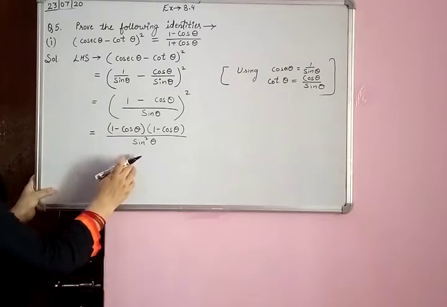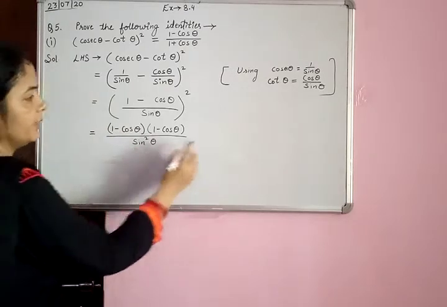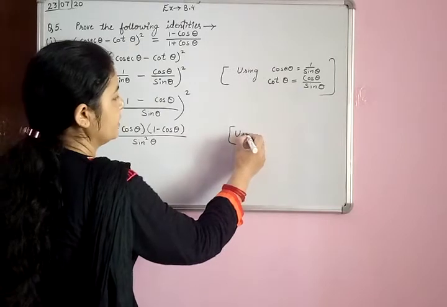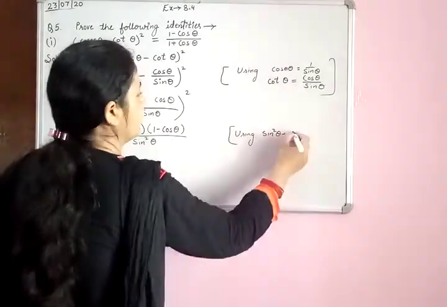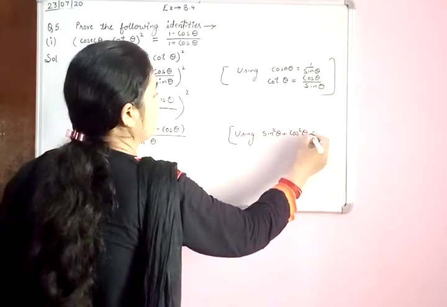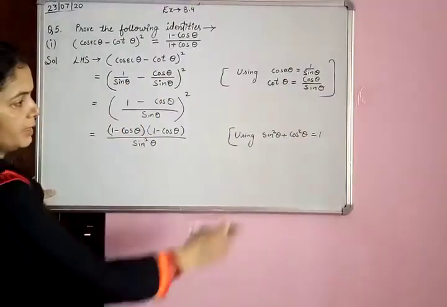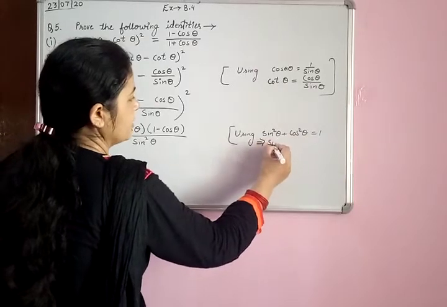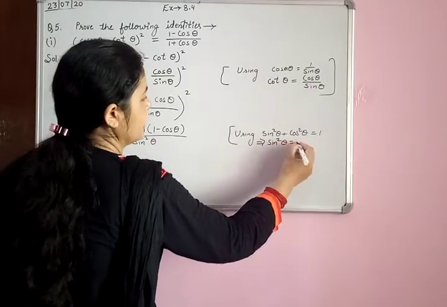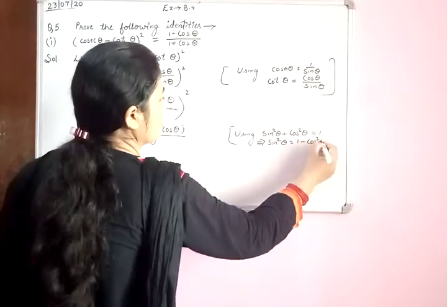Now in the denominator I am going to use the identity sin square theta plus cos square theta is equal to 1. Okay, all of you know this, that sin square theta plus cos square theta is equal to 1. It implies that sin square theta is equal to 1 minus cos square theta.